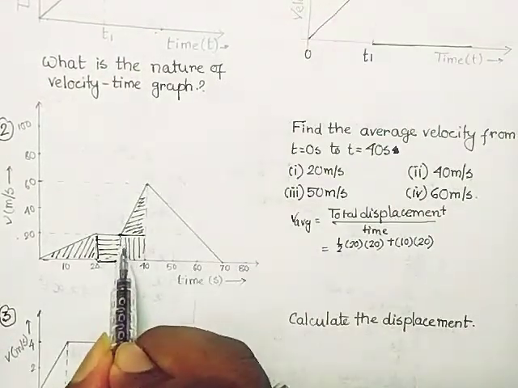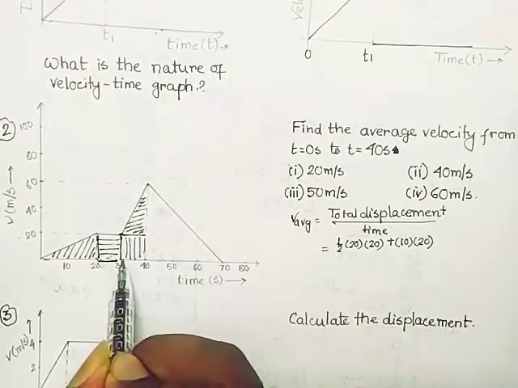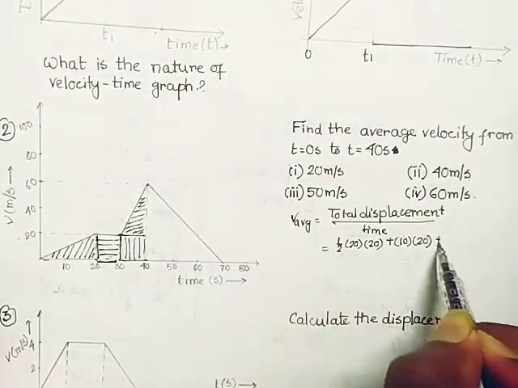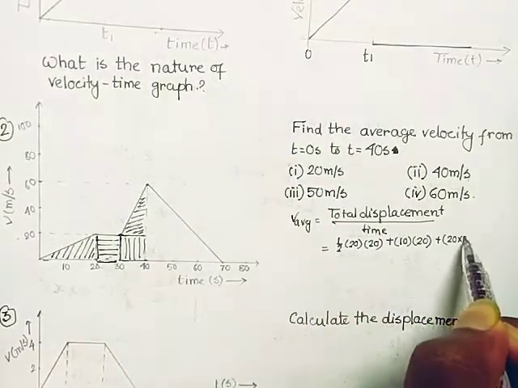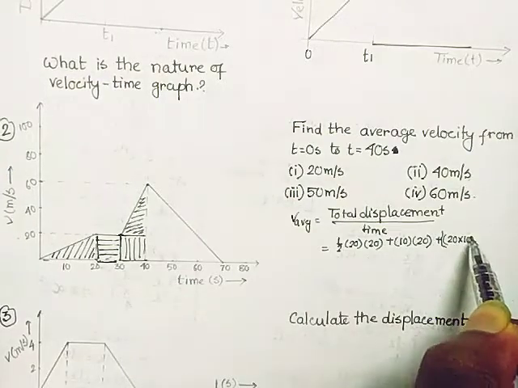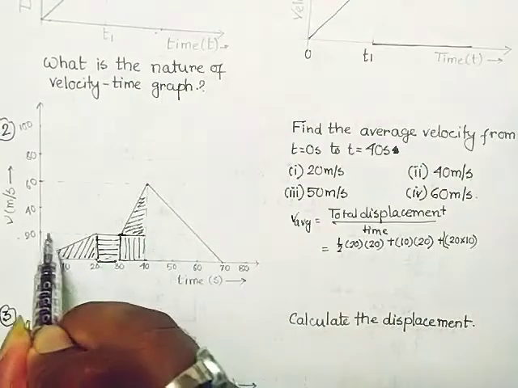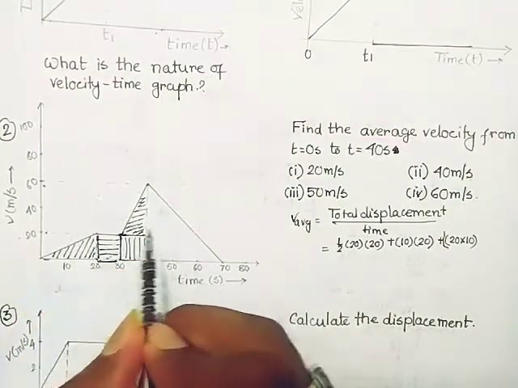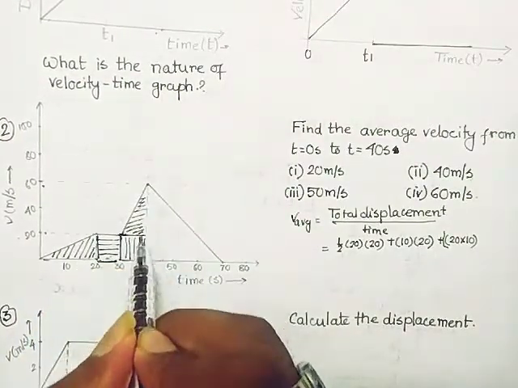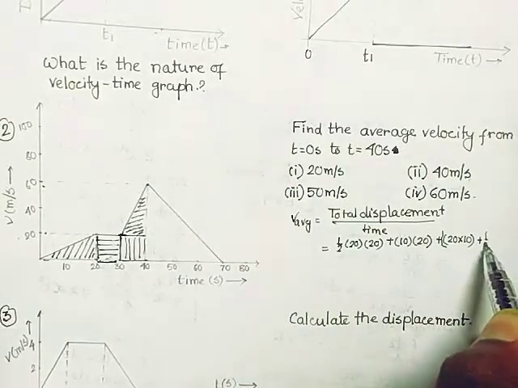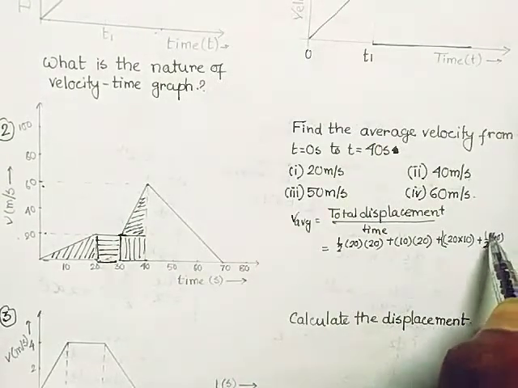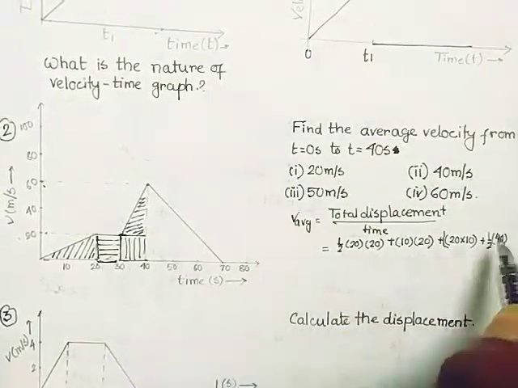So this length is 20, this length is 10. We can consider this separately, that is 20 into 10. I put it in the second bracket, and for this triangle it will be from 20 to 60, so it will be 40 basically. So the height is 40. And what is the base? The base is 10.